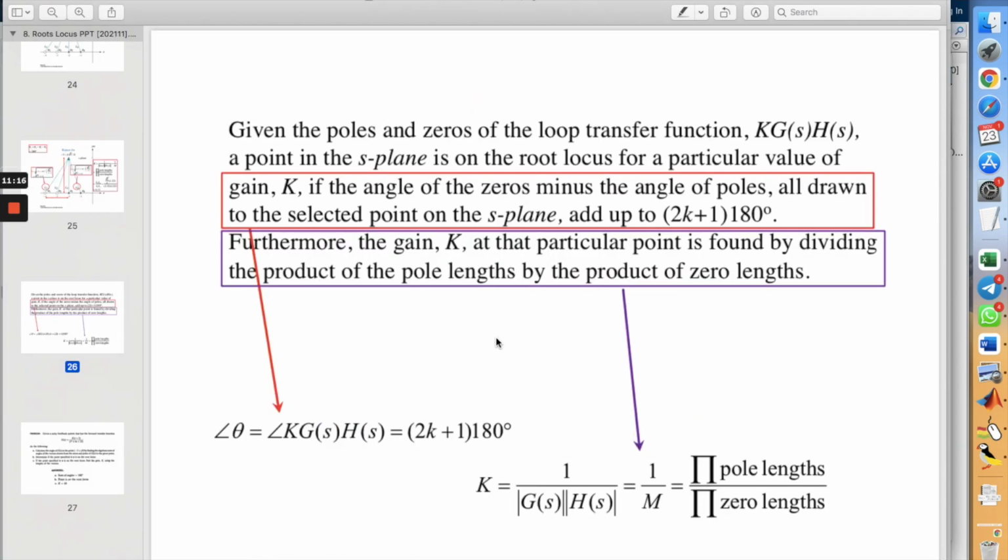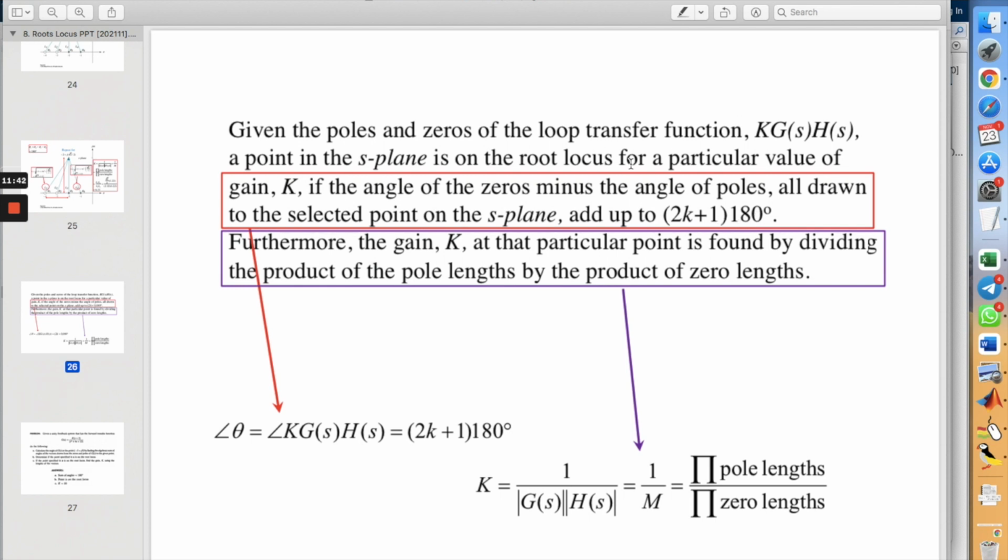Given the poles and zeros of the transfer function KGH, a point in the s-plane is on the root locus for a particular value of gain K if the angle of zeros minus the angle of poles, all drawn to the selected point of the s-plane, add up to (2k plus 1) multiplied by 180 degrees.